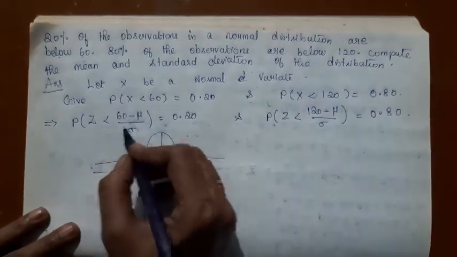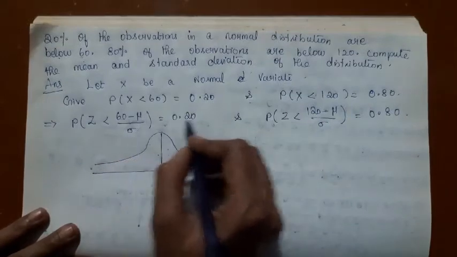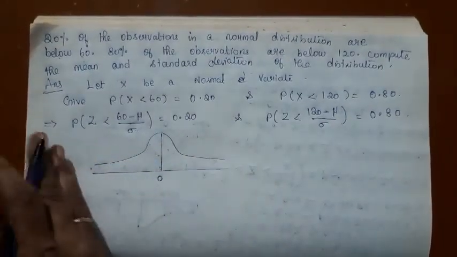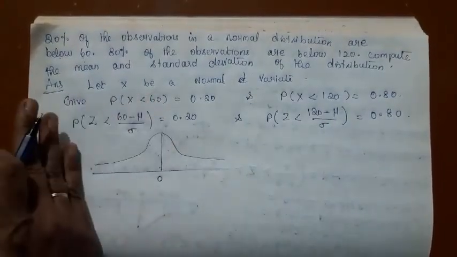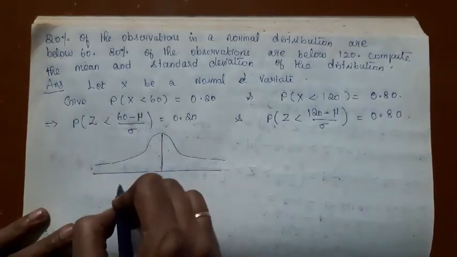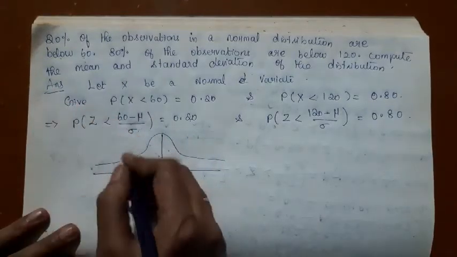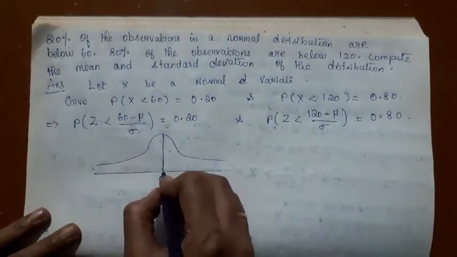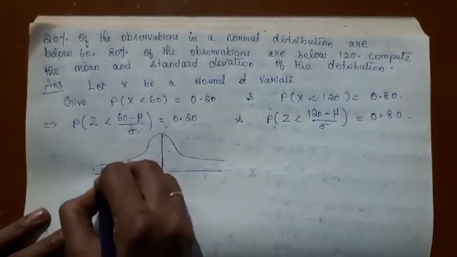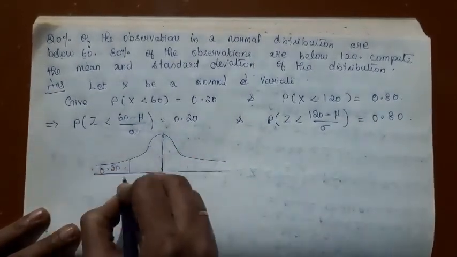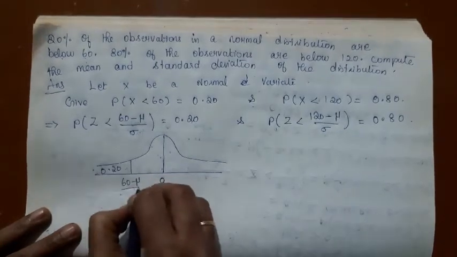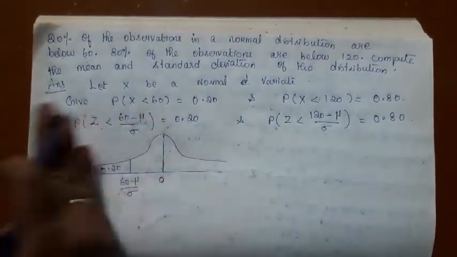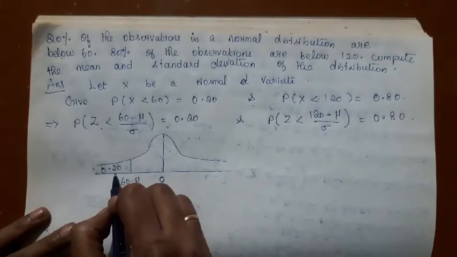Now z less than (60 minus mu) by sigma is 0.20. Less than means come from this side. Now you should place the ordinate on this curve in such a way that 20%... if you come up to here, 50% will be covered. So 20% will be somewhere here. So the probability of z less than (60 minus mu) by sigma is 0.20.